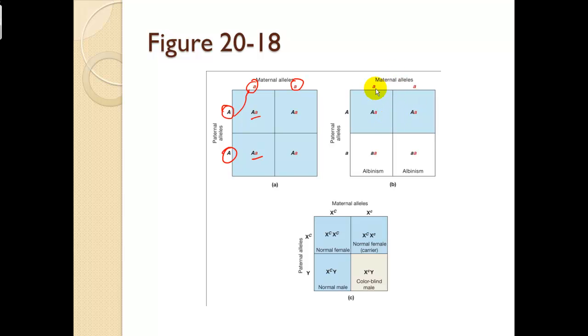Mom, in this case, we have a recessive, dominant, recessive. So very simply, half of the offspring might actually have albinism. And the red ones up here were for the albino trait, but they were both recessive.